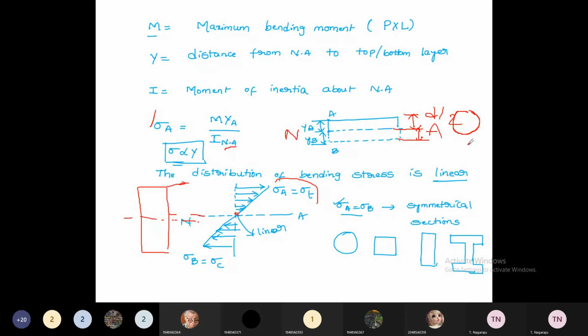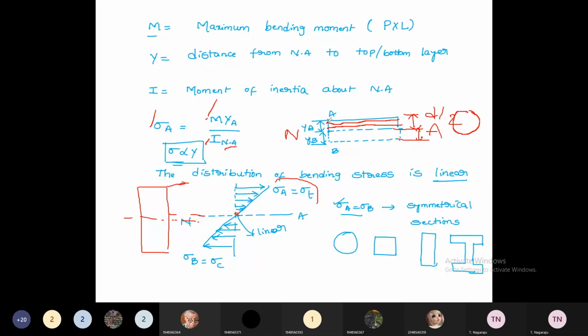If it is a rectangular cross section, then it depends upon the width and depth, b d cube by 12 is the moment of inertia. But in this case, the bending moment is constant and the moment of inertia is constant for the section. Then the only variable is y_A, that is, whether you would like to calculate the stresses at this location or at this location. Based on that, the y_A values depend.